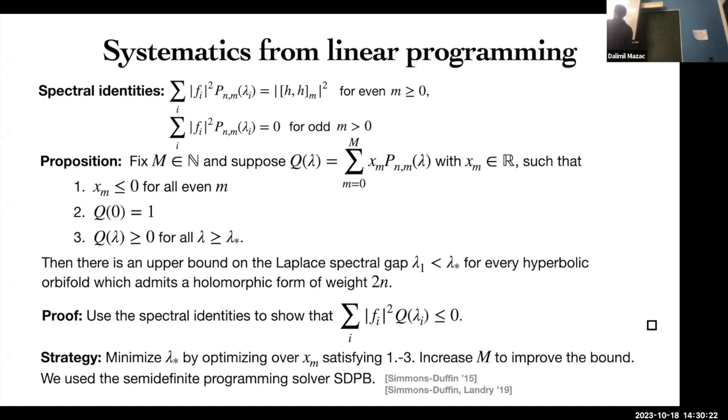What's the idea? You basically just take this polynomial Q, and you sum it against the Fi squared over the Laplace spectrum.